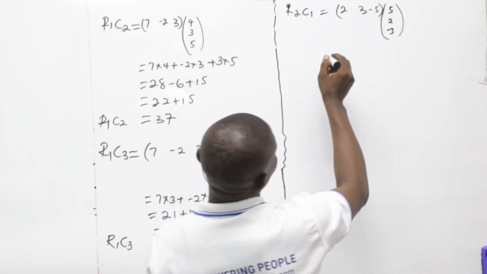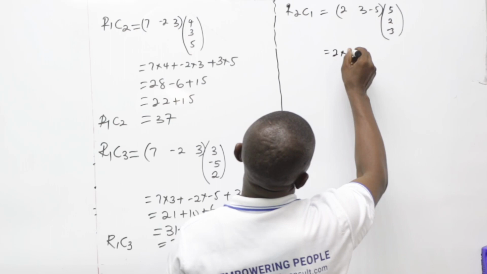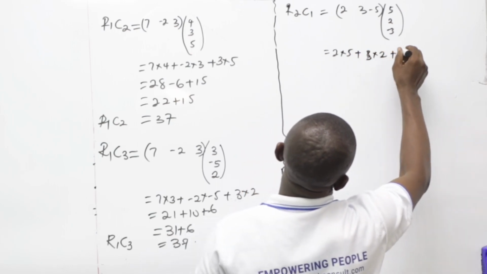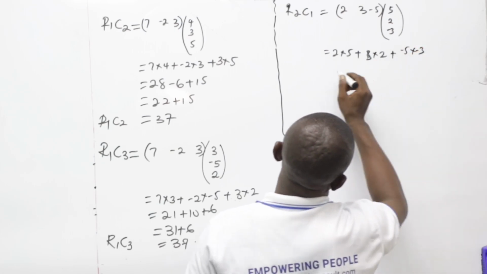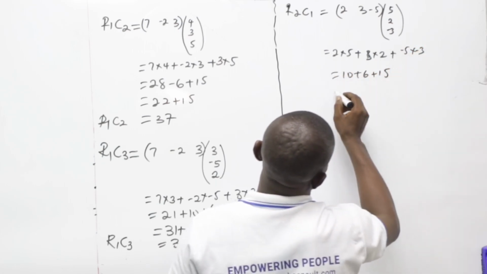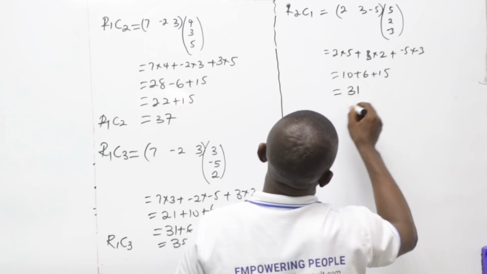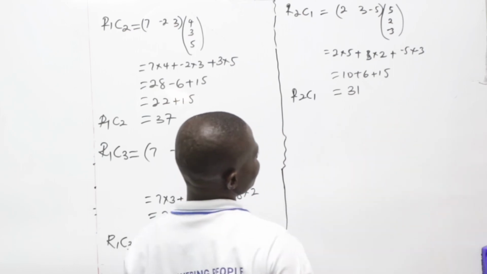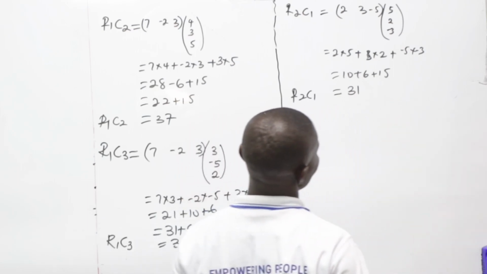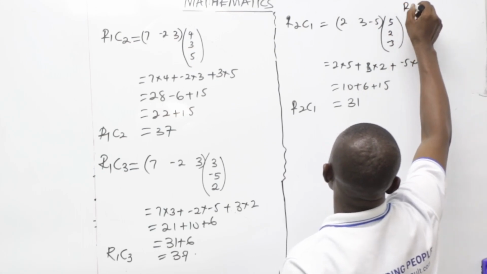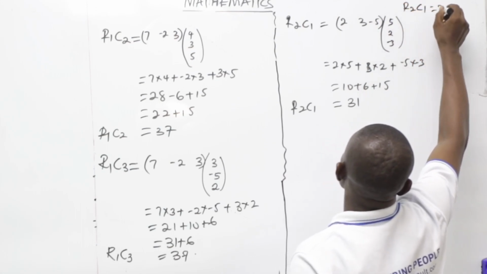This will give us 2 times 5 plus 3 times 2 plus minus 5 times minus 3. This is 10, 6, 15. This is 31. That is row 2, column 1 equals 31. Row 2, column 1 is 31.